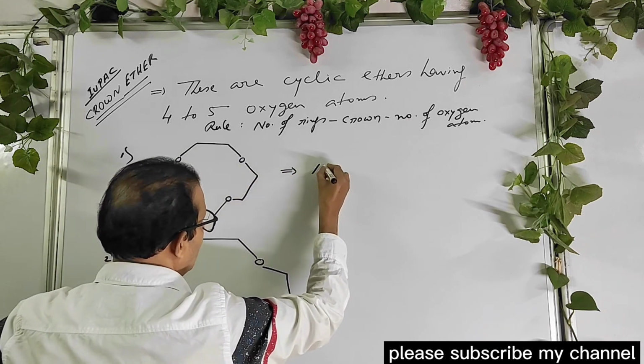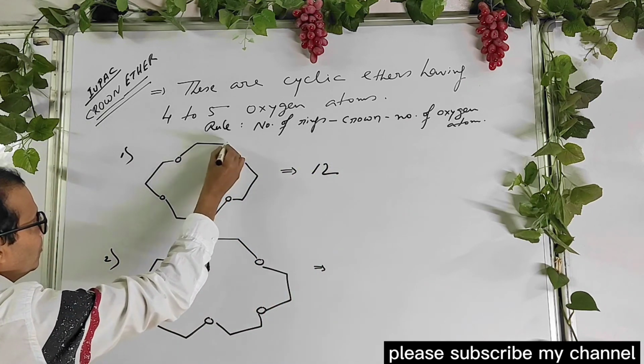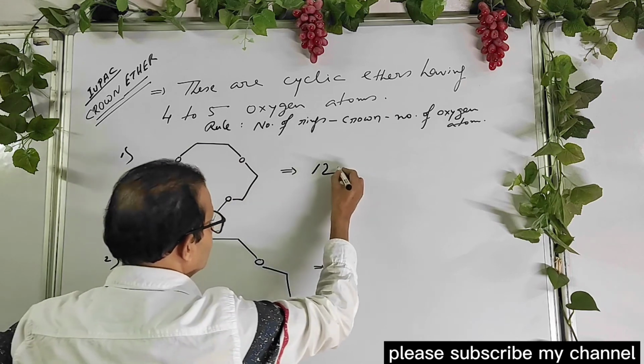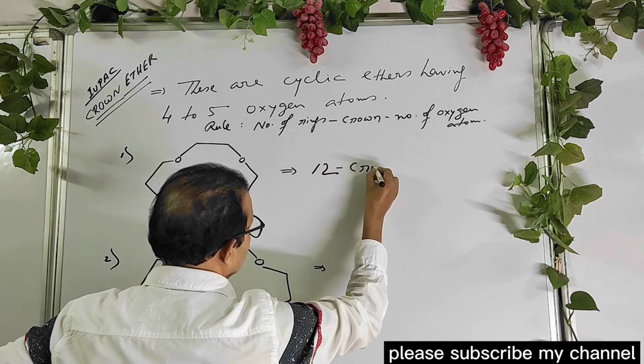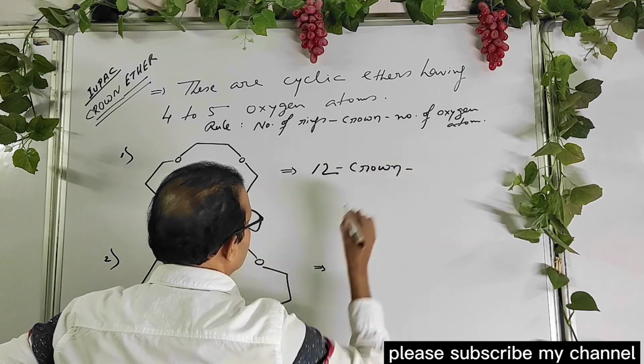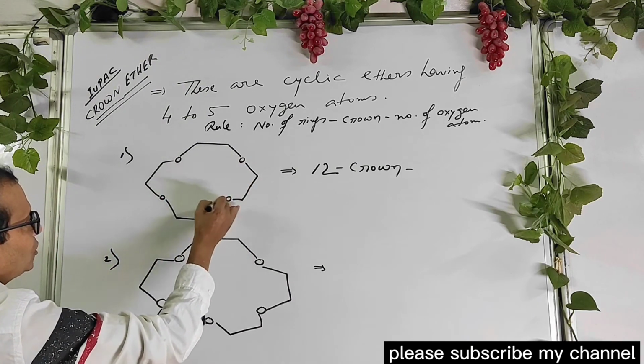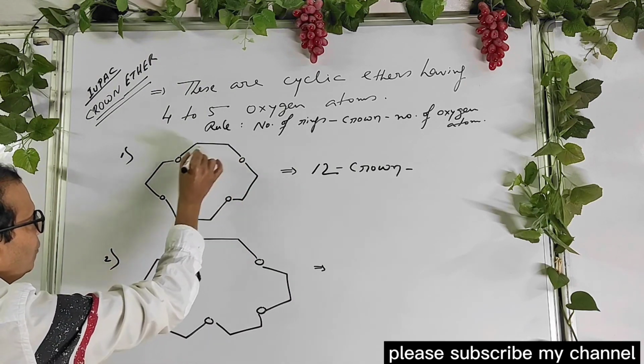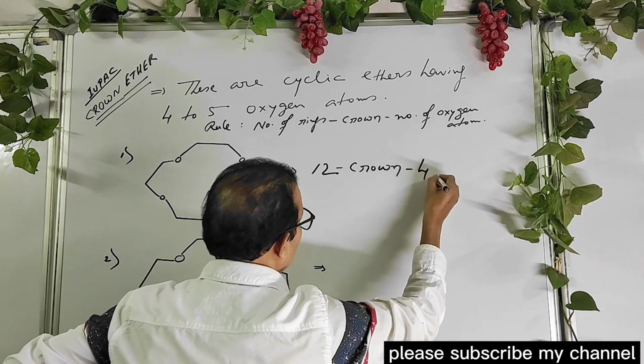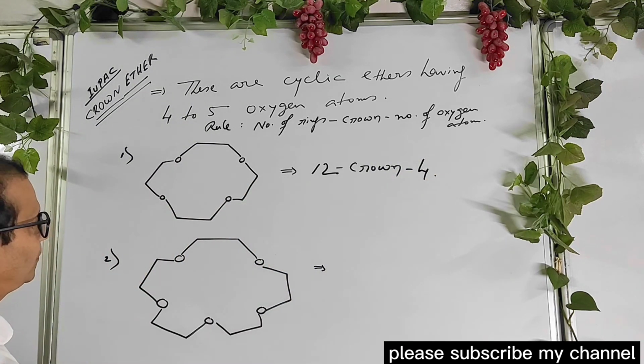So there are 12 number of bonds or rings. Then write crown, then write the number of oxygen atoms. Altogether there are 4 oxygen atoms, so 12, crown 4.